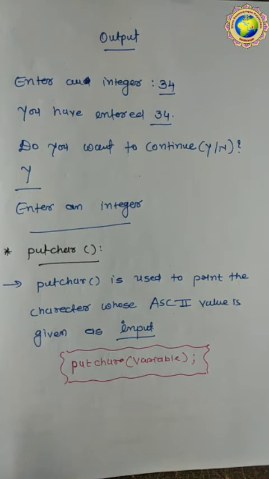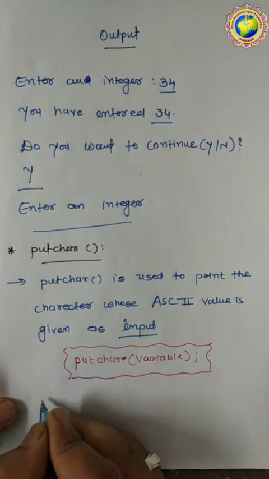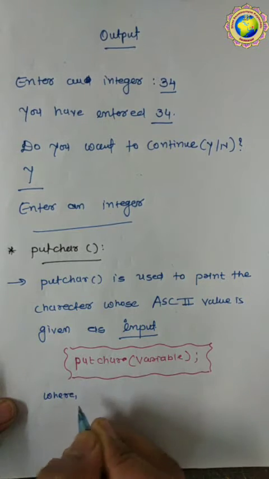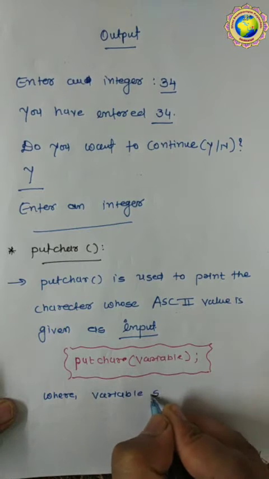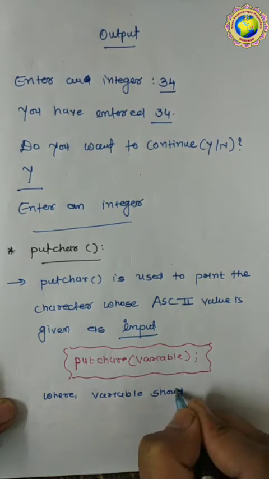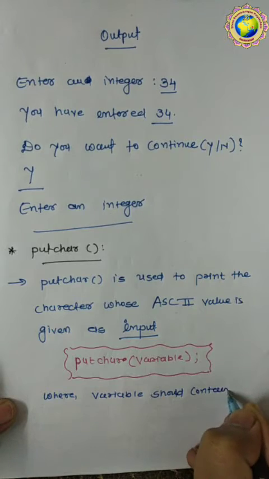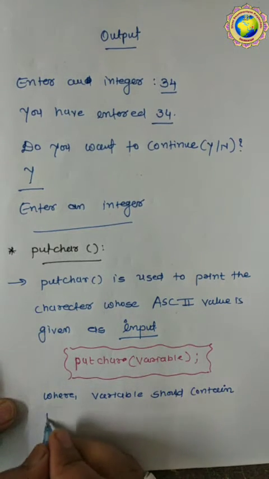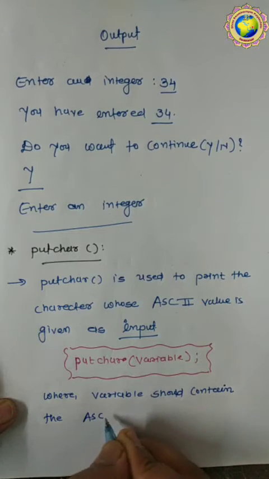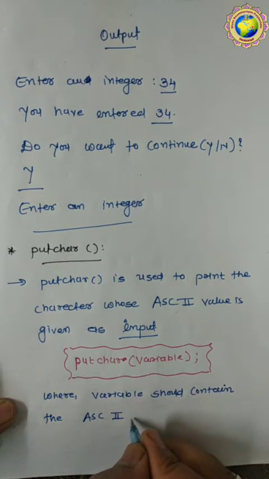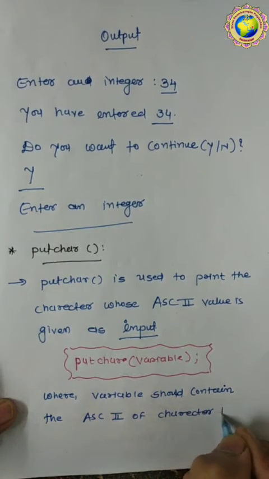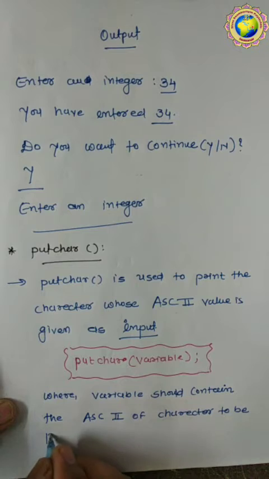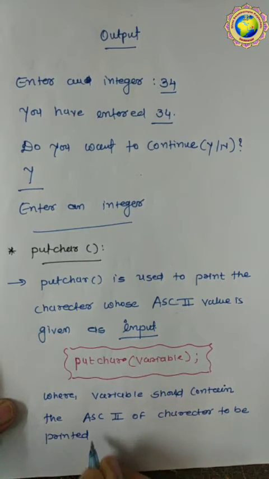So this is the syntax, and here the variable should contain the ASCII of the character to be printed.